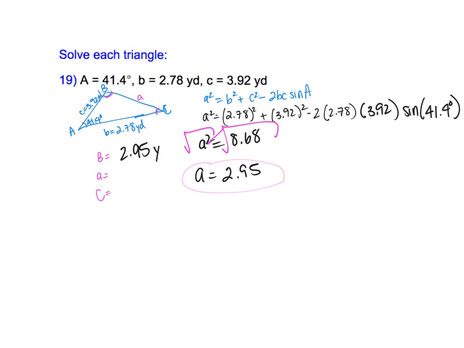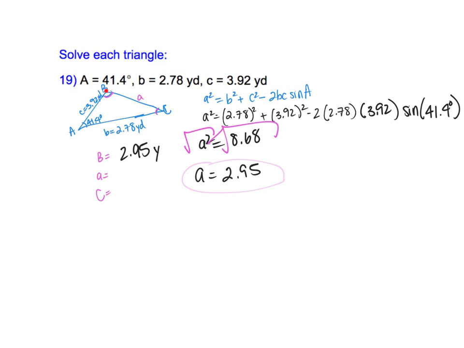And then in this case, you also need to tell me about the angles. Because I already know all the side lengths, what I can do is plug in all the sides, a, b, and c, and calculate an angle.